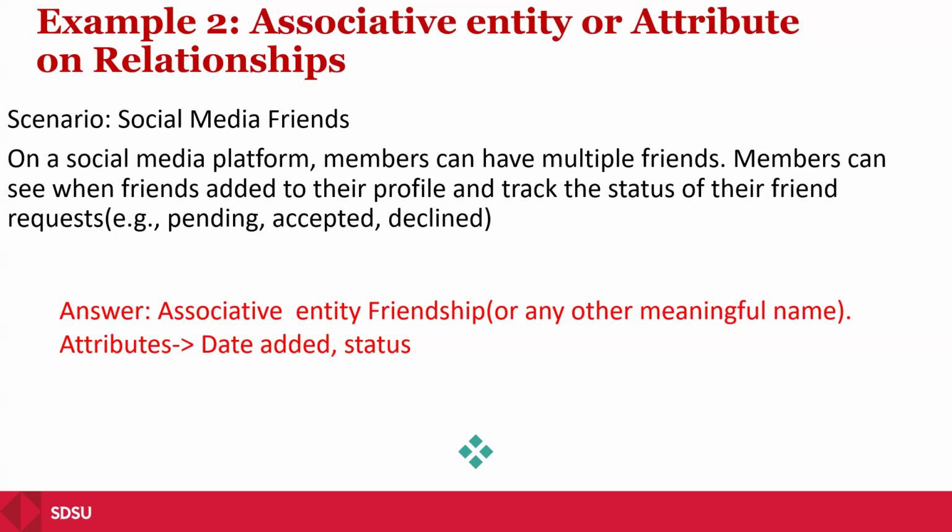One of them is when we have a many-to-many relationship. Another one is when we have a specific meaning to a concept, and also when we have multiple attributes.